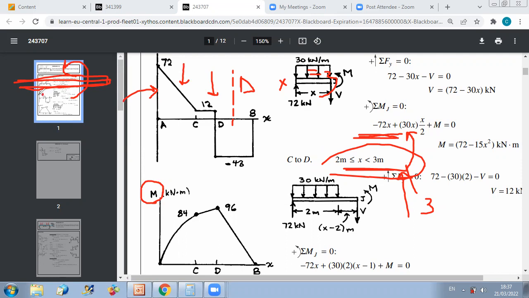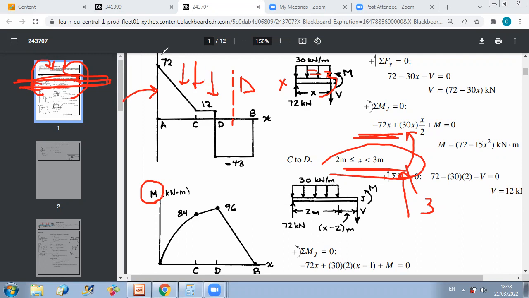But in case we have couples, and we'll do some examples with this, the presence of couples will lead to discontinuity in bending moment. So this is why we should look at the beam to see at what locations we have these concentrated couples. Now here, since we don't have that case, we just can look at V as a function of x.